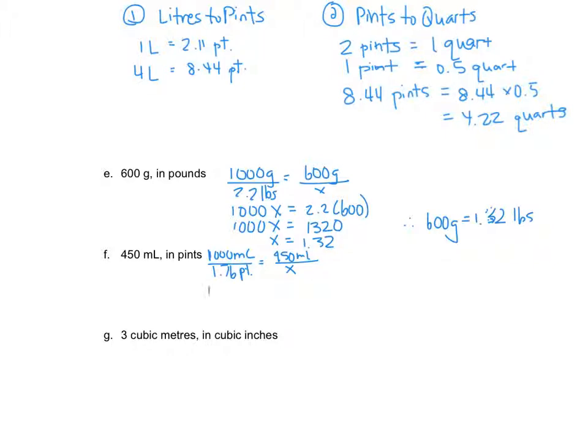Cross multiply, so 1,000x is equal to 1.76 times 450. So 1,000x is equal to 792. Divide both sides by 1,000, and we get 0.792. So 450 milliliters is the same as 0.792 pints.